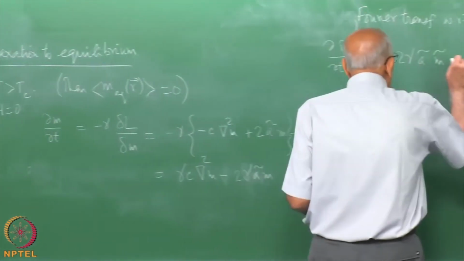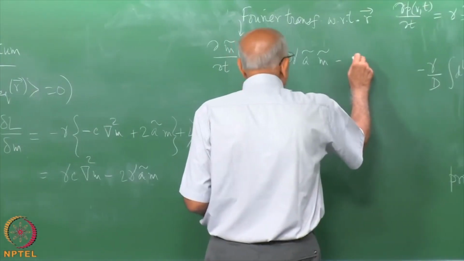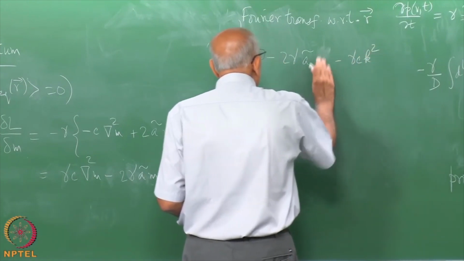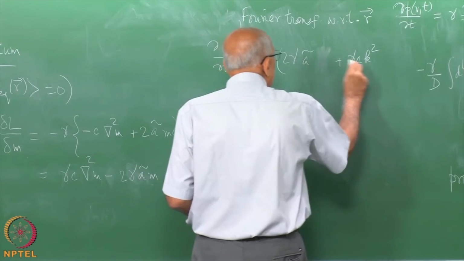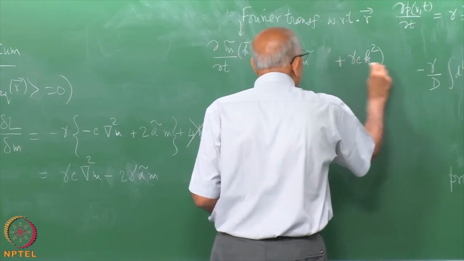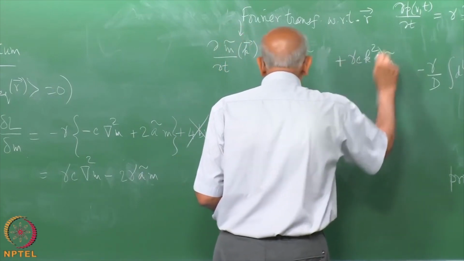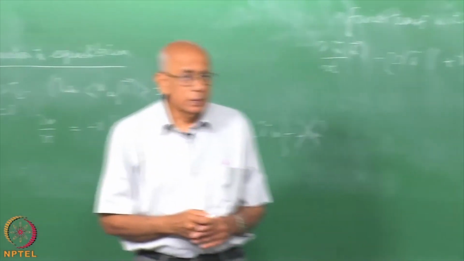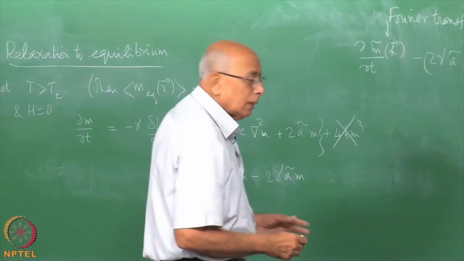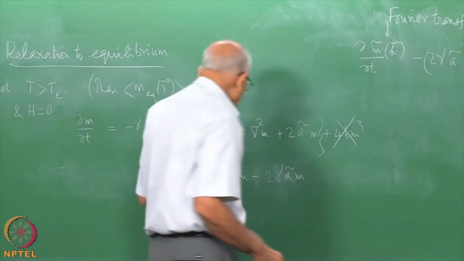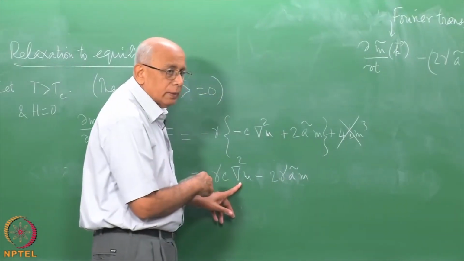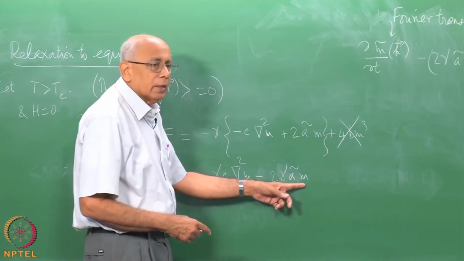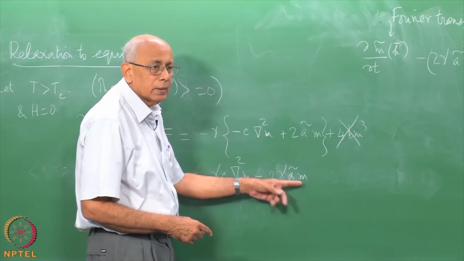So there is going to be minus gamma c k squared, and I pull out the m tilde. I do a Fourier transform here, I am going to get a minus k squared because it is i k the whole squared, and this is m tilde.